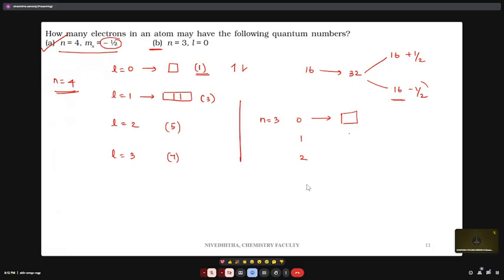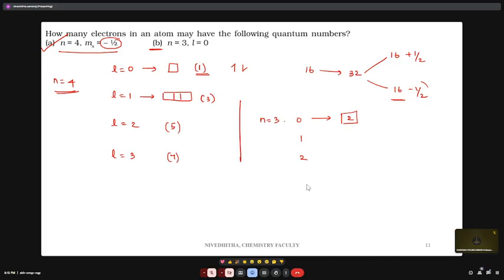Only 1. In only 1 orbital, how many electrons can I have? 2, ma'am. So maximum number of electrons is 2. Only in l is equal to 0, I can have 2 electrons.